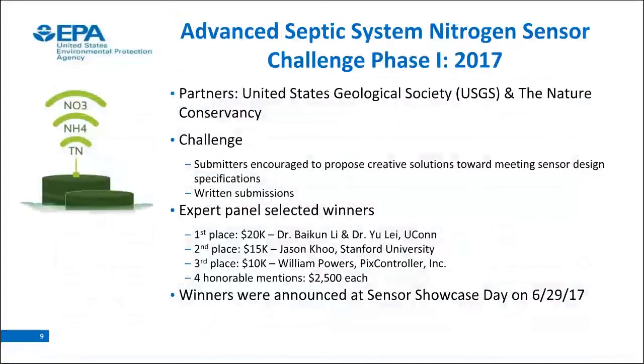So in phase one, we partnered with the USGS and the Nature Conservancy, had written submissions, and identified multiple folks that succeeded. The first place prize was given to a Yukon team that developed an inexpensive sensor that could be printed using a three-dimensional printer.